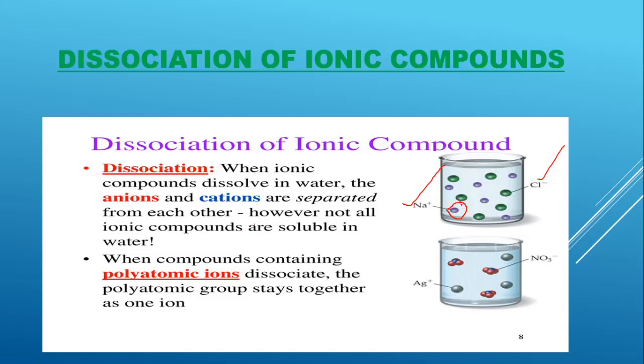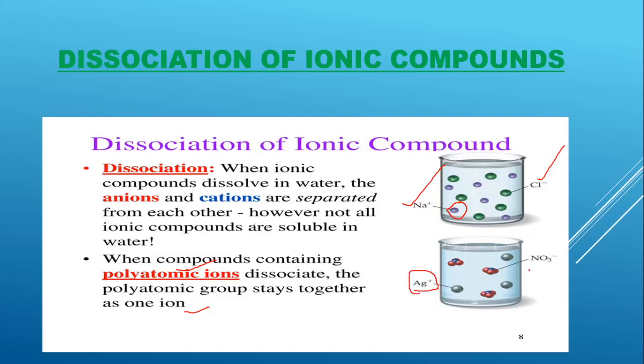Here, one note we also have to take into consideration: when compounds contain more than two atoms in an ion, we call them polyatomic ions. When compounds containing polyatomic ions dissociate, the polyatomic group stays together as one ion. Now what does it mean? If we talk about AgNO3, that is silver nitrate, in this, silver is one ion.